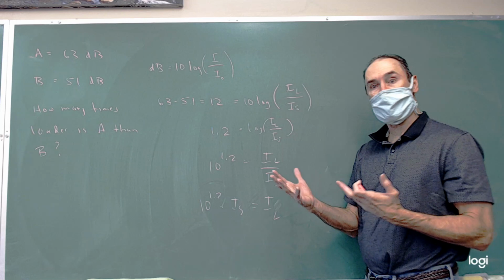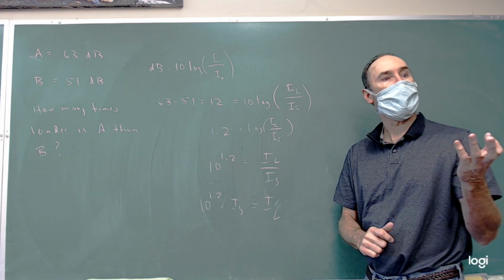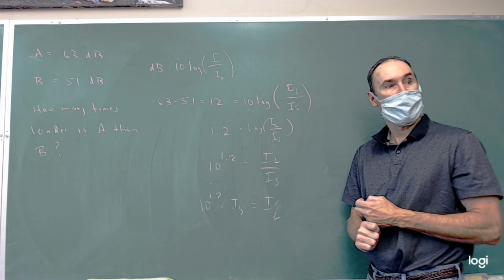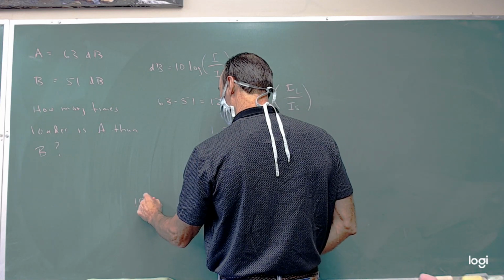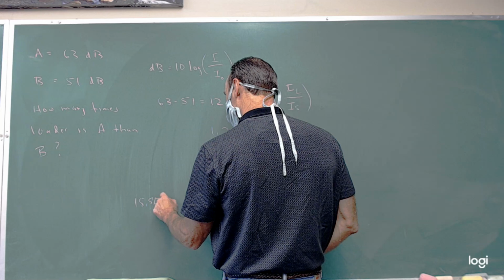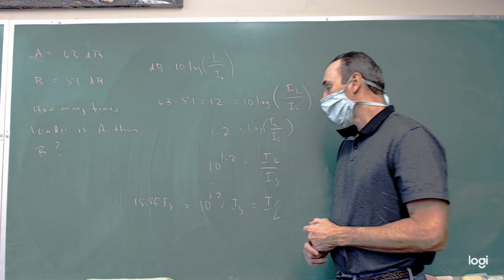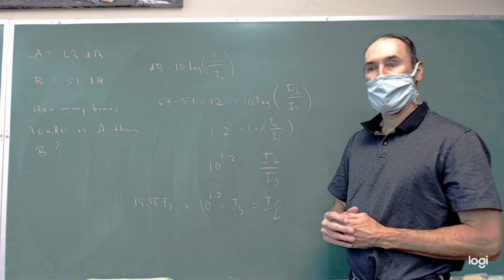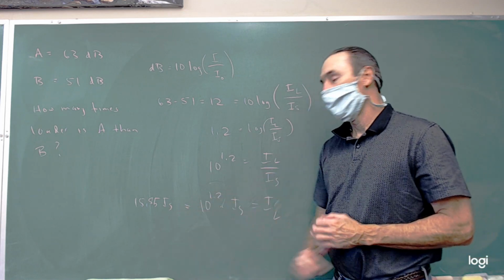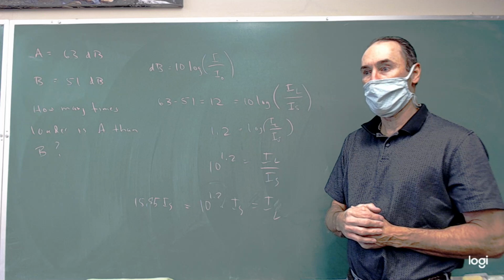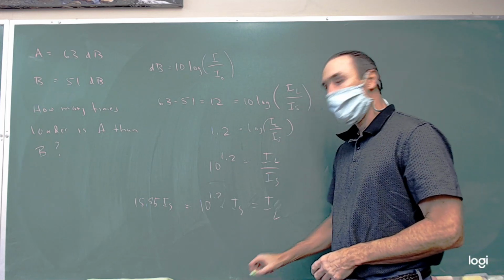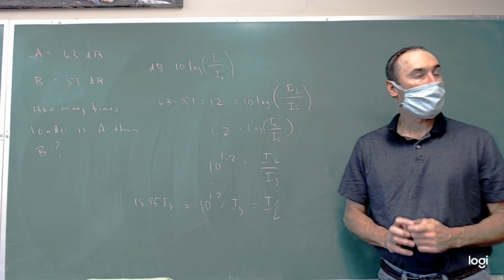Remember, 10 to the first is 10, so this is going to be bigger than 10. Would you get 15.85? Yeah. So it's going to be almost 16 times as loud. So our louder noise, which is only 12 decibels bigger, is more than 15 times as loud as the softer one. So is that okay?